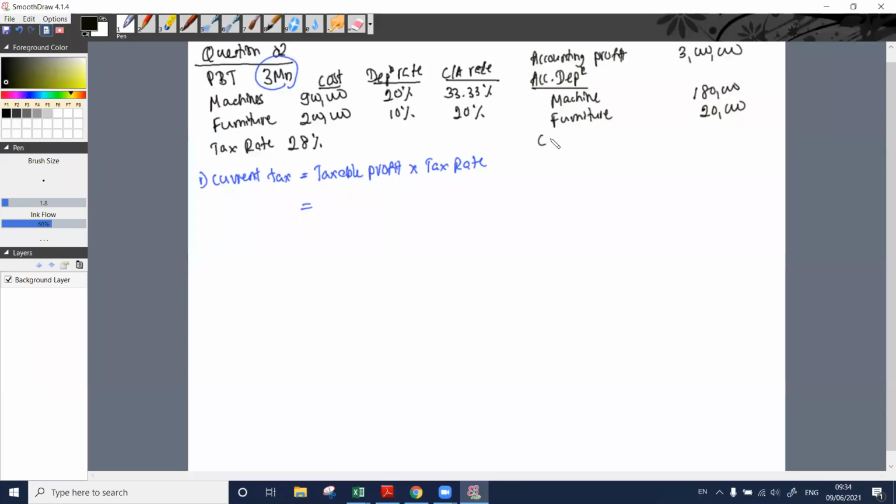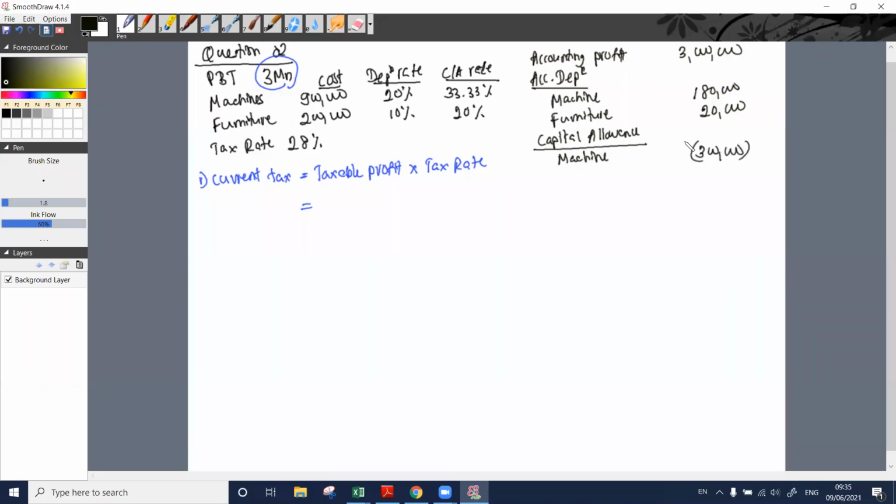What is allowed? Capital allowance is allowed. Therefore, we can deduct the capital allowance with respect to these two assets, machines and furniture and fittings. So what is the capital allowance of machinery? Machinery වලට අදාළ capital allowance එක කීයද? Cost is 900,000. Capital allowance rate is 33.33%. It means 1/3. 1/3 of this is how much? 300,000.